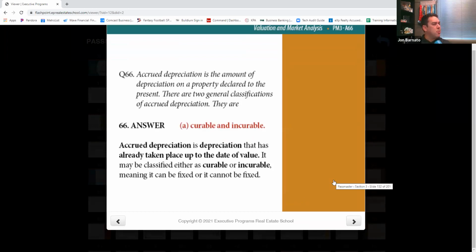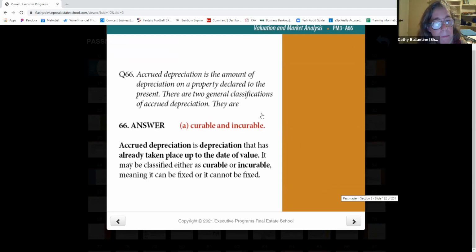So we're talking about depreciation on property. What would be an example of an incurable depreciation? Something like the condos in Florida, good idea. We didn't realize the seawater makes things go bad quicker, and they collapse.